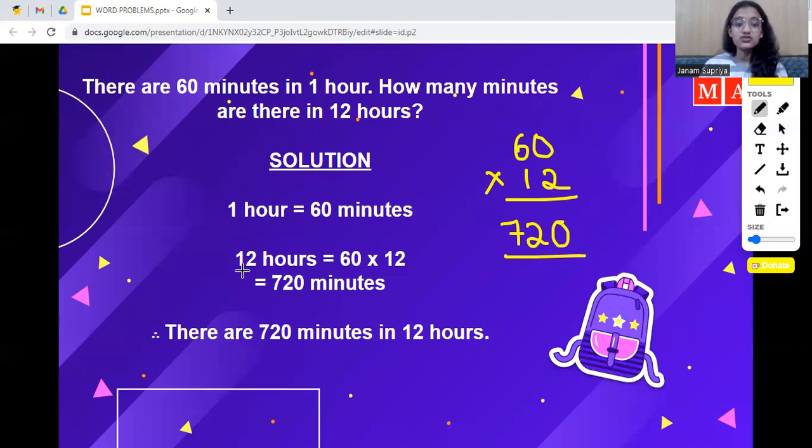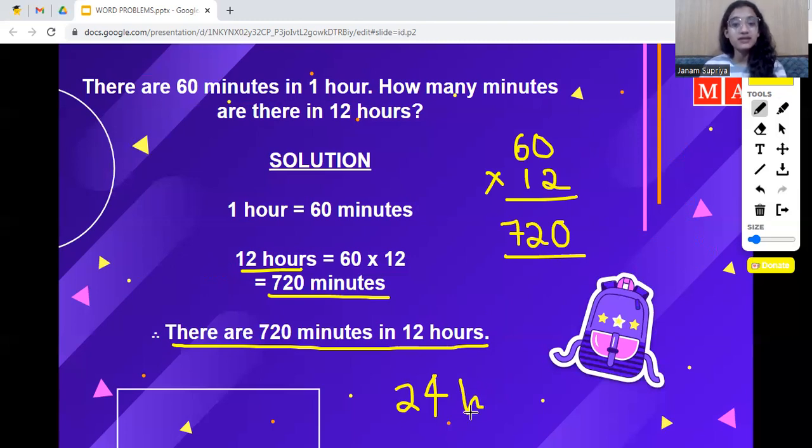Yes, so in 12 hours we have 720 minutes. Therefore there are 720 minutes in 12 hours. You can try finding how many minutes there are in a day. In a day we have 24 hours, right? So in 24 hours, how many minutes are there? Try to compute it.